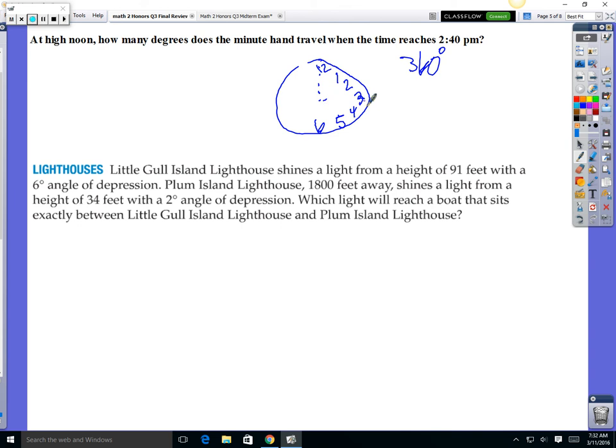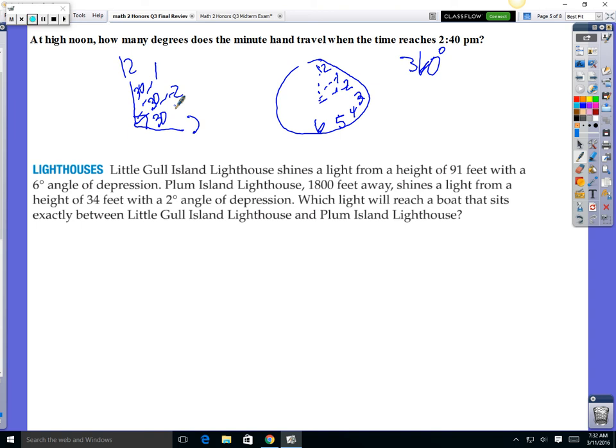So 12 to 3 is 90. Now, if I divide it into 3 chunks, that means each chunk, each 5 minutes, is 30, 60, 90. Okay, so every 5 minutes is 30 degrees.